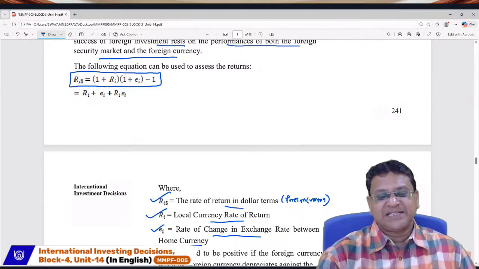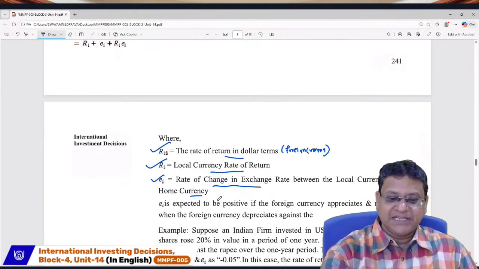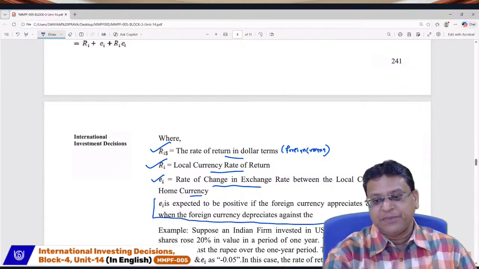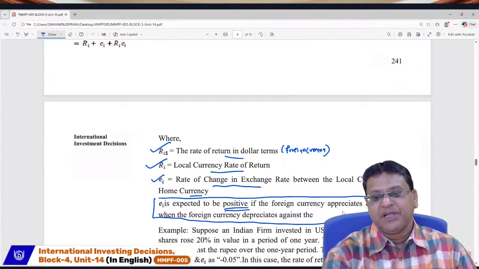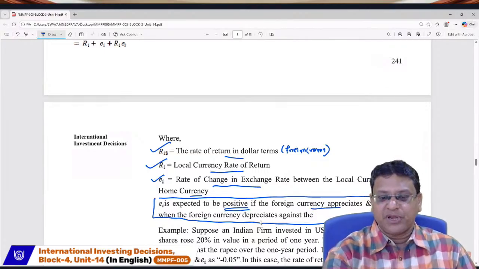We know that the exchange rate may appreciate or depreciate. If the exchange rate appreciates, the EI will be positive. If it depreciates, the EI will be negative. EI is expected to be positive if foreign currency appreciates and negative if foreign currency depreciates.